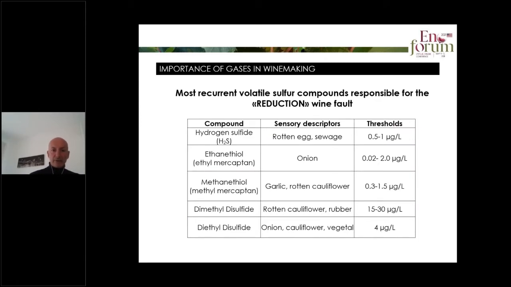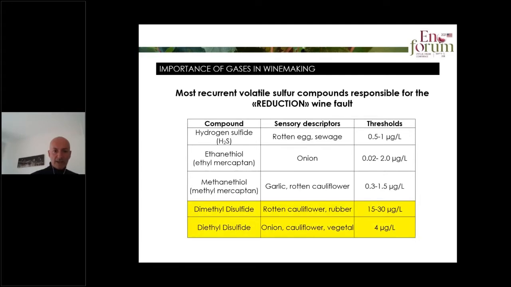Now, in this slide, I'm going to show you the most recurrent volatile sulfur compounds present in wine. Those compounds are responsible for the wine fault called reduction. In the first column you see the compounds, in the second column the common descriptors, and in the third column the thresholds.